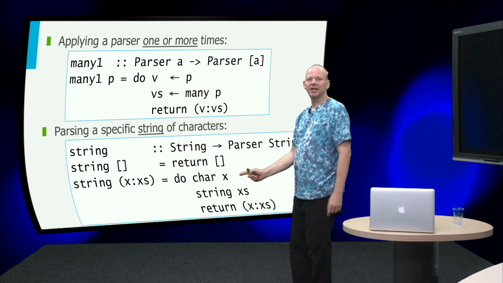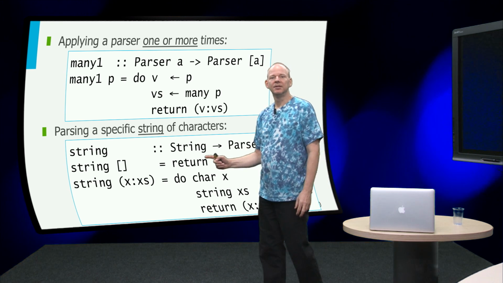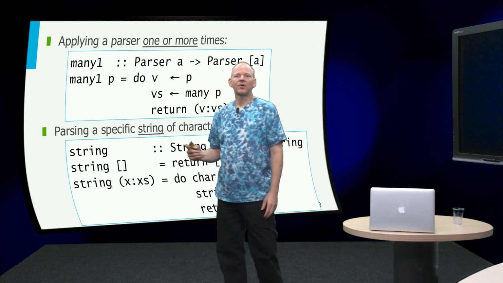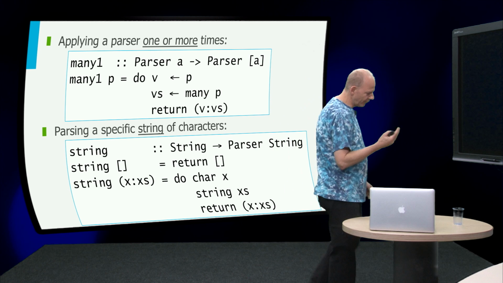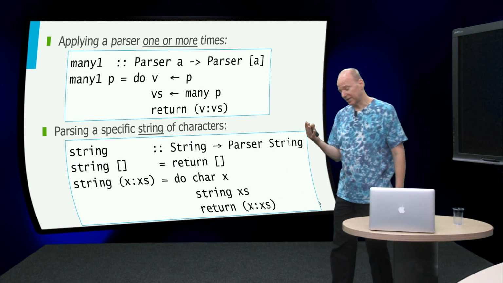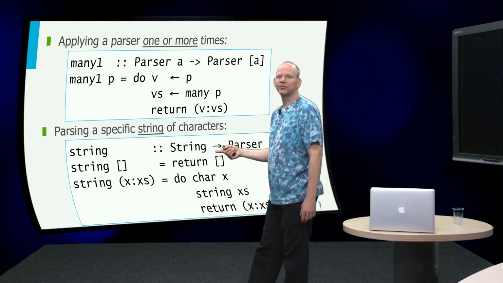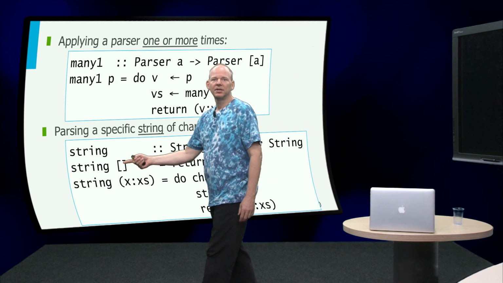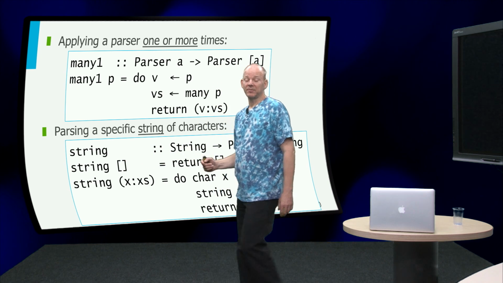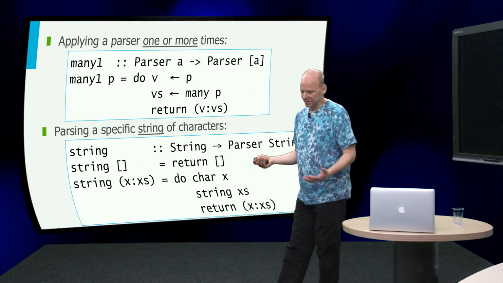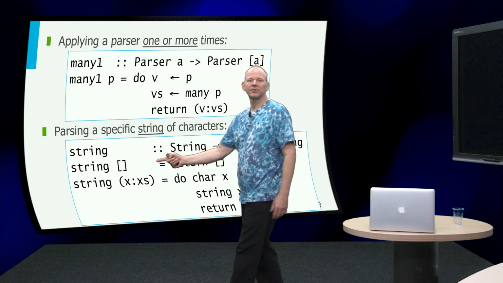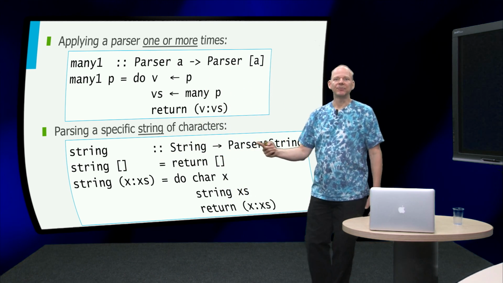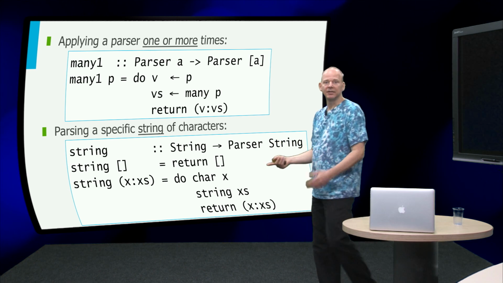Okay, the last thing here is we're going to define a function that tries to parse a string. So far we have seen many examples where we're trying to parse a character, but I want to parse a string. Remember, strings are just lists of characters. So if I start with the empty list, I just return the empty list, the empty string.